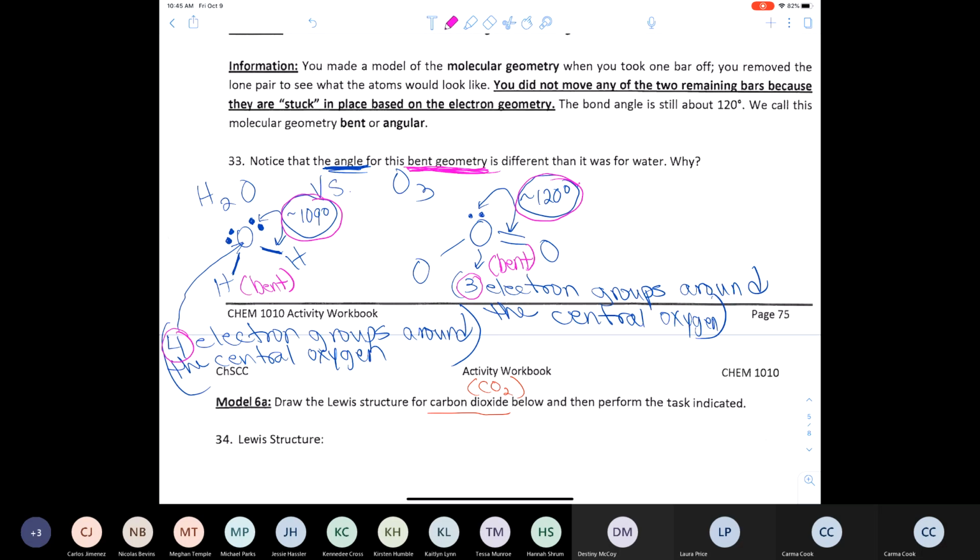Any other questions about number 33 for Model 5B? Any other questions for models 4 through 6?